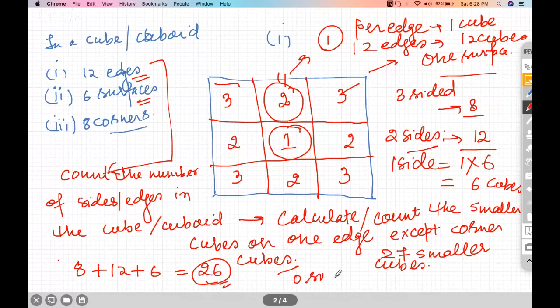So zero side painted would be 27 minus 26, that comes out to be 1. So this is your answer. Just note it down. If you have any doubt, ask me.